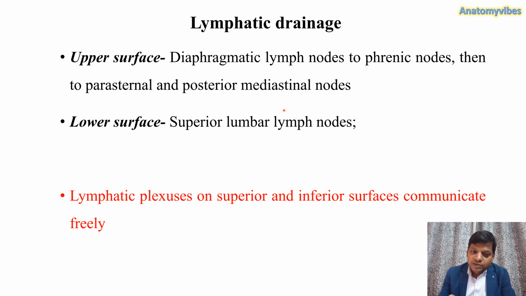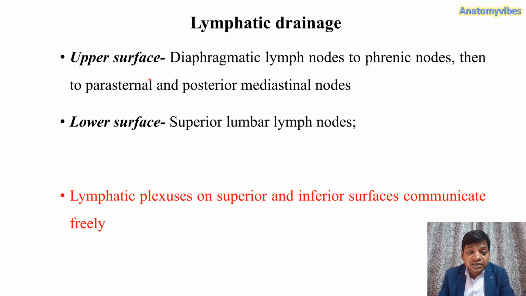So above upper surface, it is going to the thoracic cavity. So on both sides of the sternum we have parasternal lymph node, and posterior mediastinum has important lymph nodes, posterior mediastinal lymph node. So from upper surface they are going there.